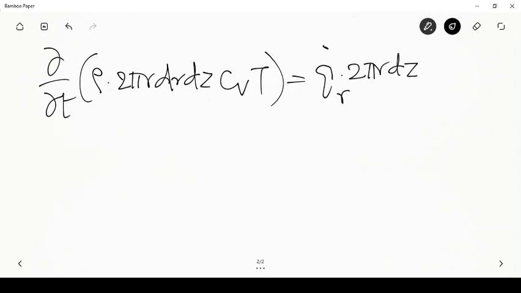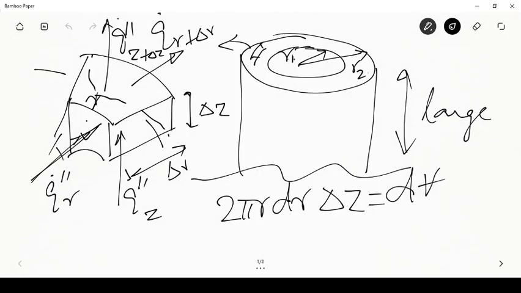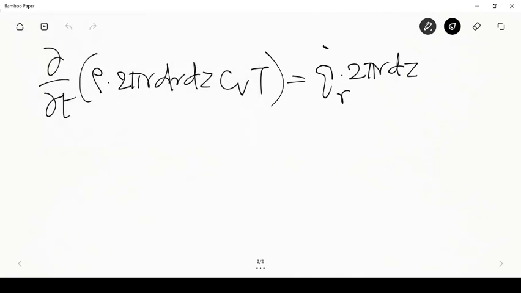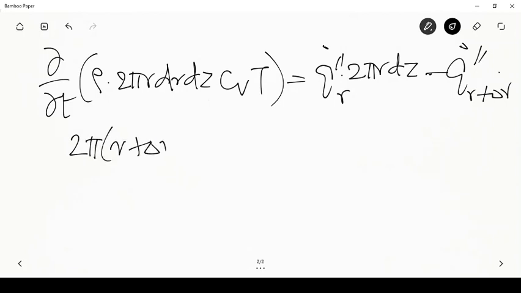This is the heat coming in from this one, and the one that goes out has a different area, which is 2 pi (r plus delta r) into dz. So we'll write that as minus q dot double prime r plus delta r multiplied by 2 pi into (r plus delta r) multiplied by delta z.